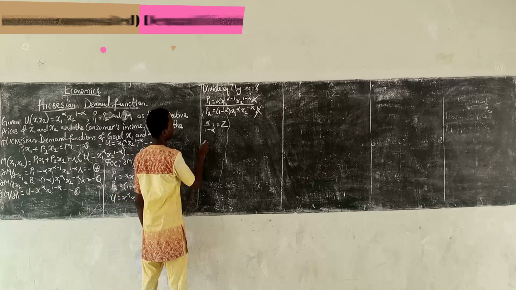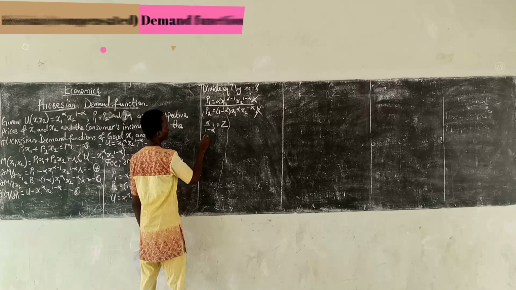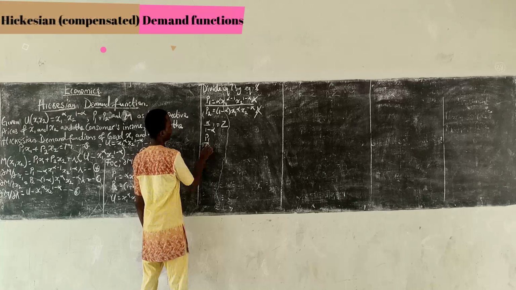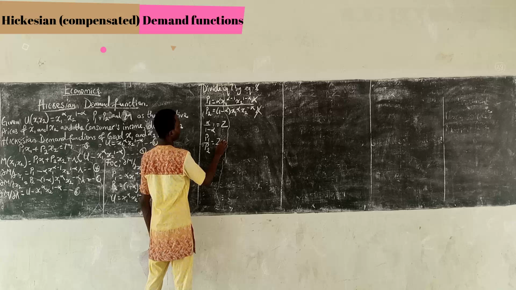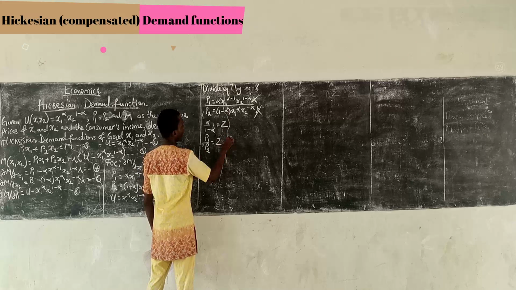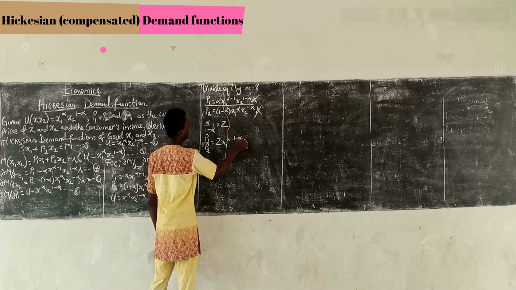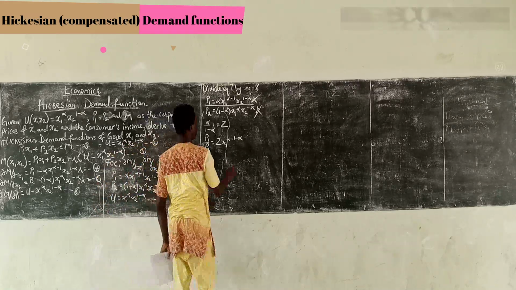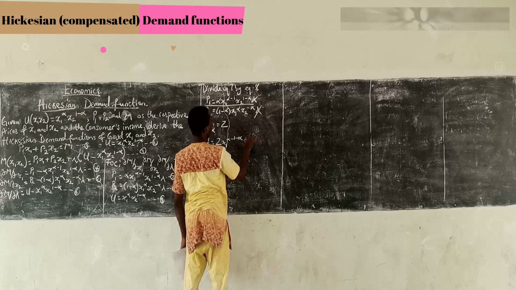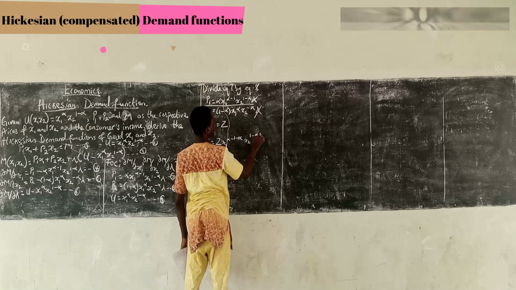So from here, I'll be having P1 over P2 equals z, right? Then x1 alpha minus 1 minus alpha, okay, then x2, 1 minus alpha plus alpha.